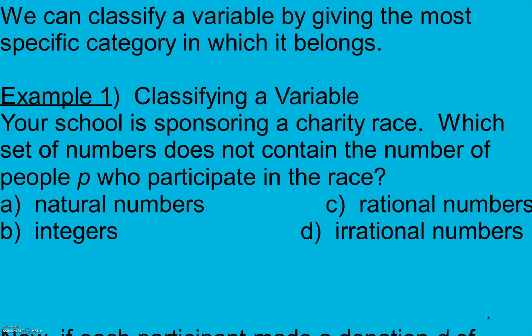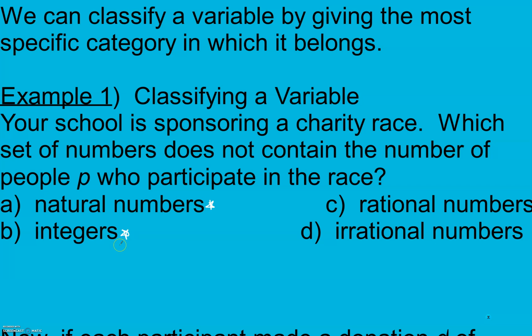We can classify a variable by giving the most specific category in which it belongs. So here, our school is sponsoring a charity race. Which set of numbers does not contain the number of people, P, who participate in the race? So if we're talking about the number of people, that could be a natural number. We can count that. It could be an integer. Remember, natural numbers are also integers.